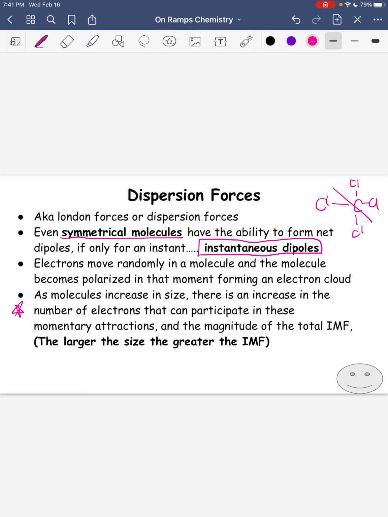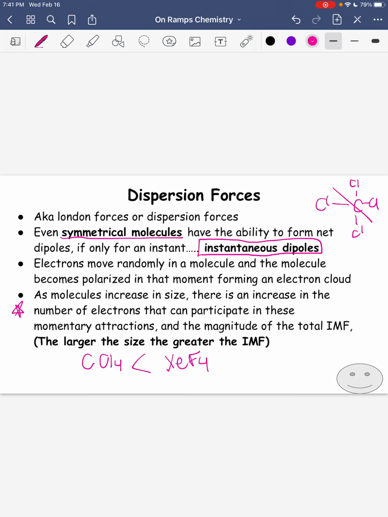So say we have CCl4 or XeF4. They're both symmetrical, so they both have dispersion forces.